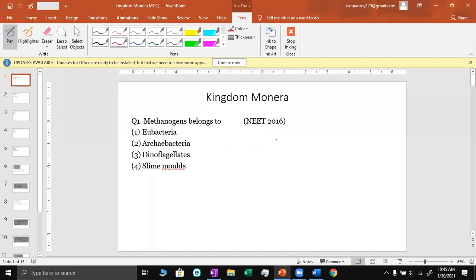In the kingdom Monera, methanogens belong to which group: eubacteria, archaebacteria, dinoflagellates, or slime mold? Methanogens belong to Archaebacteria. Then halophiles and thermoacidophiles, all these bacteria are Archaebacteria.